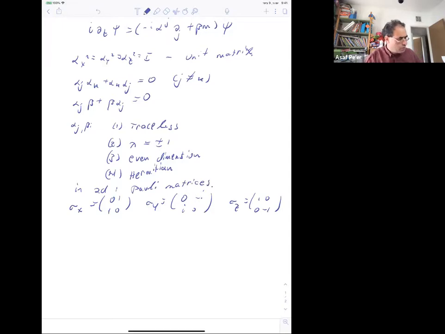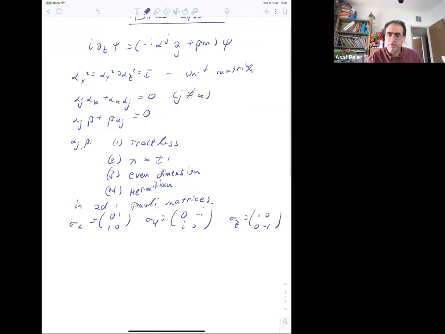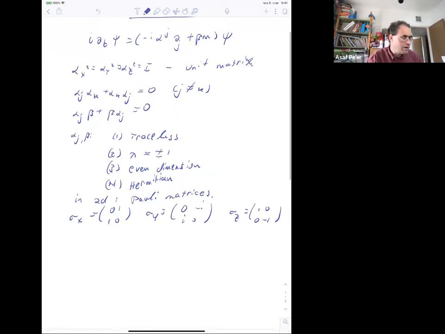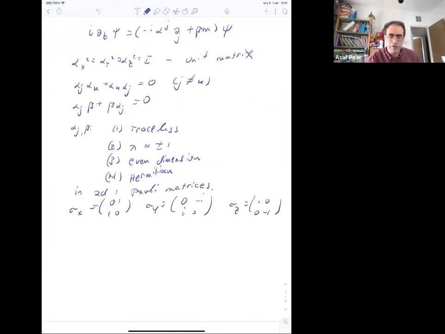And Dirac was forced to conclude that alpha and beta have to be 4x4 matrices, or the representation needs to be 4x4, which means that the wave function psi that solves this equation has to have 4 components.